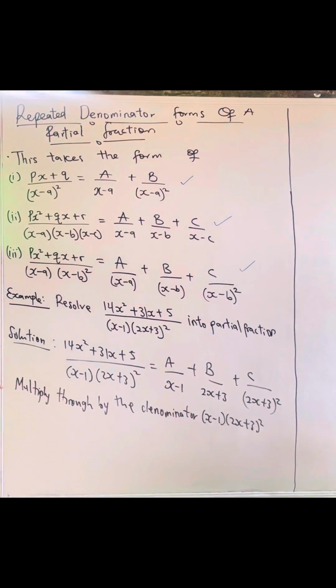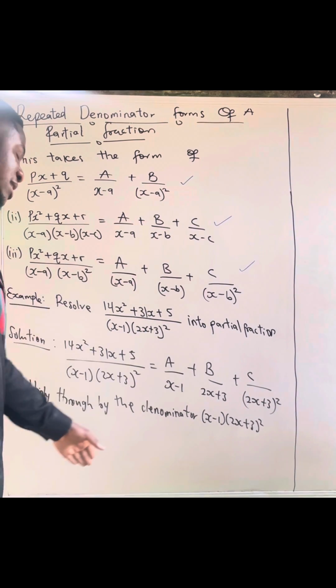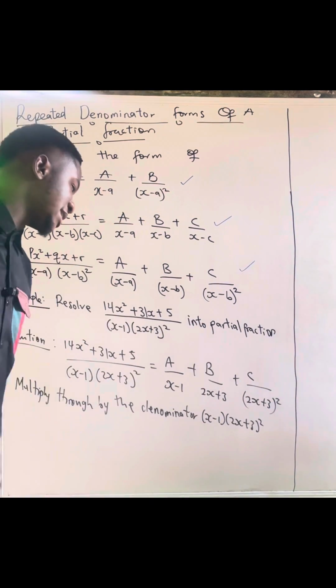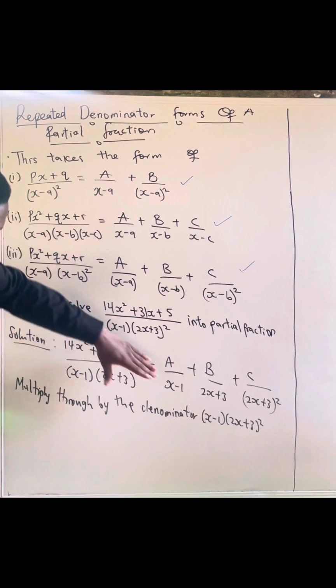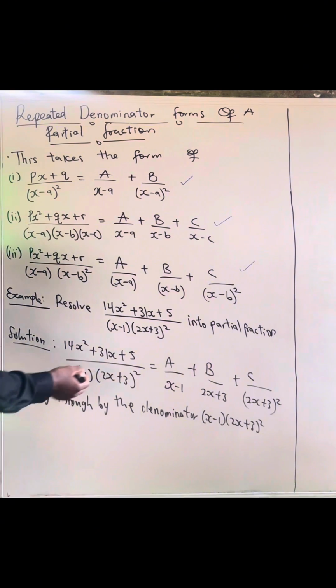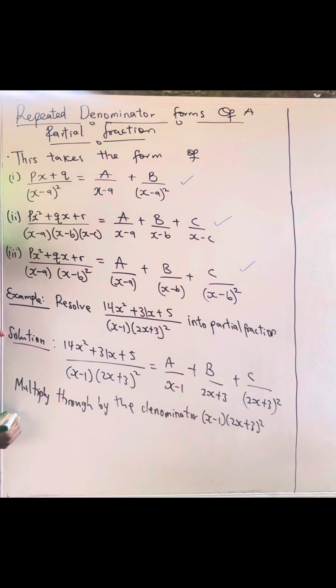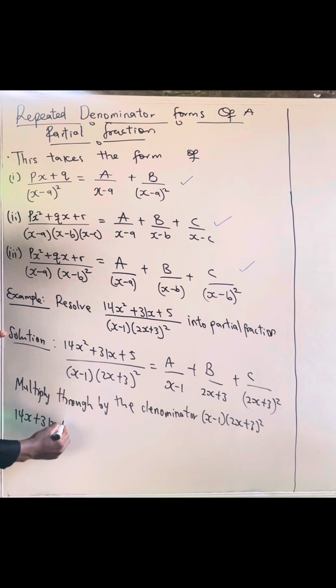We multiply both the left hand side and the right hand side by this denominator. If I multiply the left part by this denominator, it is going to cancel, so I'm left with 14x squared plus 31x plus 5.